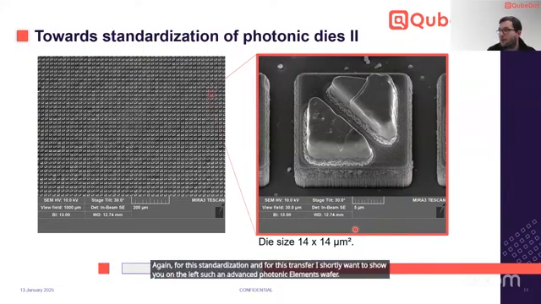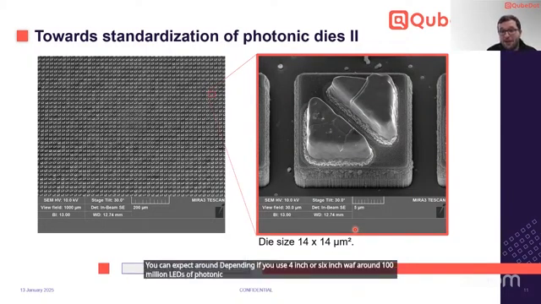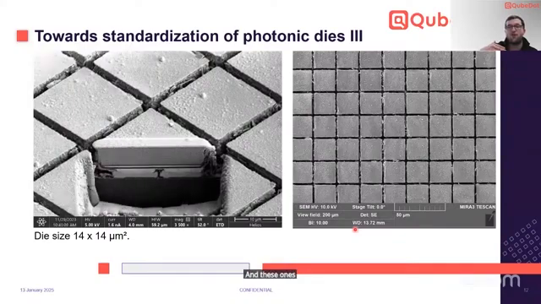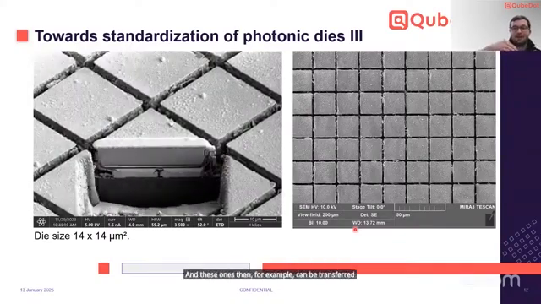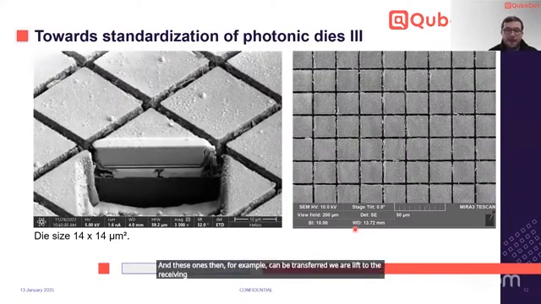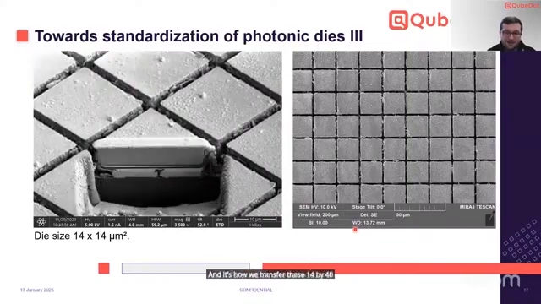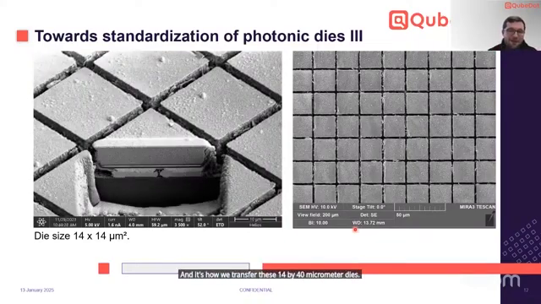You can expect, depending if you use 4-inch or 6-inch wafers, around 100 million LEDs or photonic elements on a single wafer, with die sizes of 14 by 14. And these ones then, for example, can be transferred via lift to the receiving backplane. And it's how we transfer these 14 by 40 micrometer dies. And again, these are exemplary for all kinds of photonic elements.